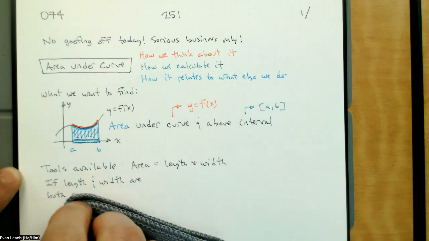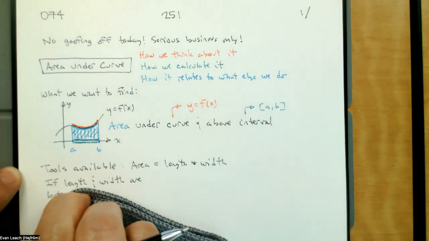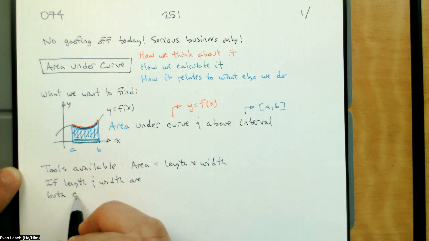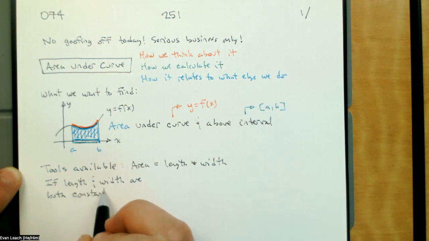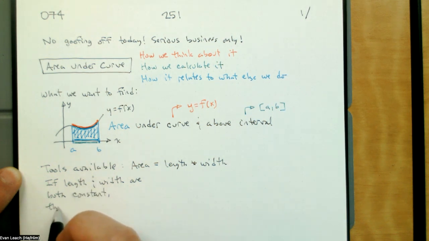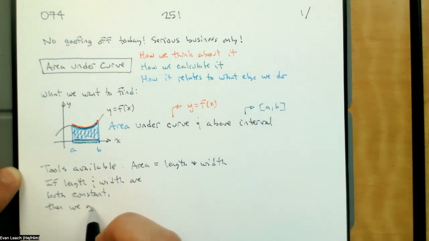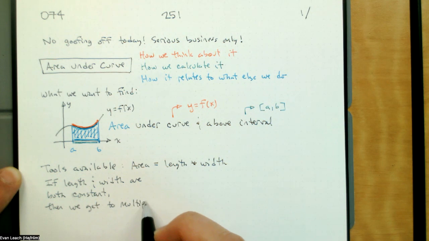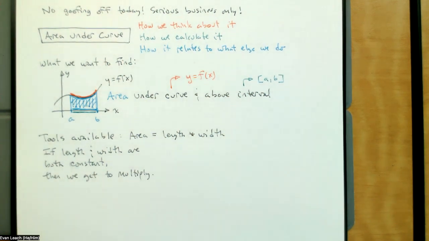I spelled constant wrong. This is what we want. If the two factors are constant, we get to multiply. This is when life is easiest.